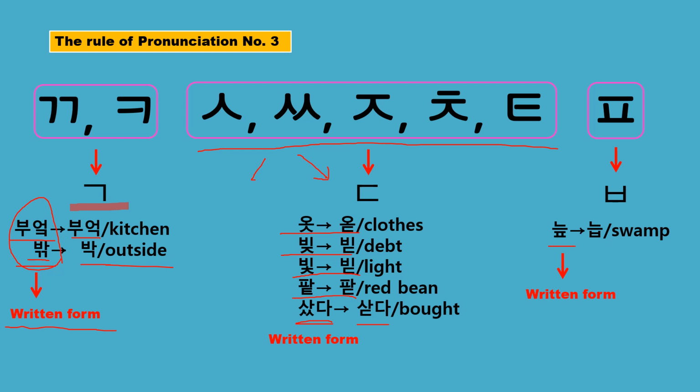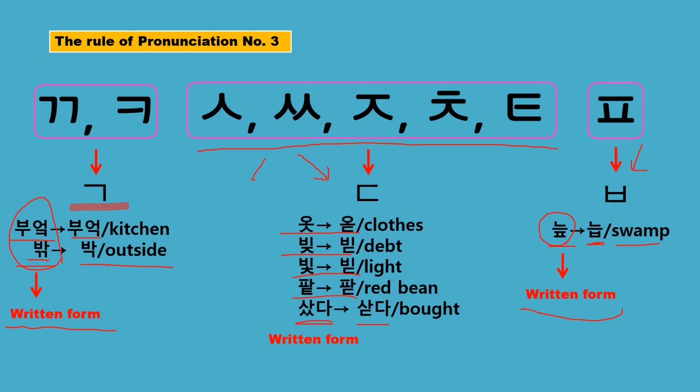Okay? Alright, and last one, 피읍 turns to 비읍 sound. Okay, for example, 늪, swamp. Okay, this is written form. 늪 is written form.